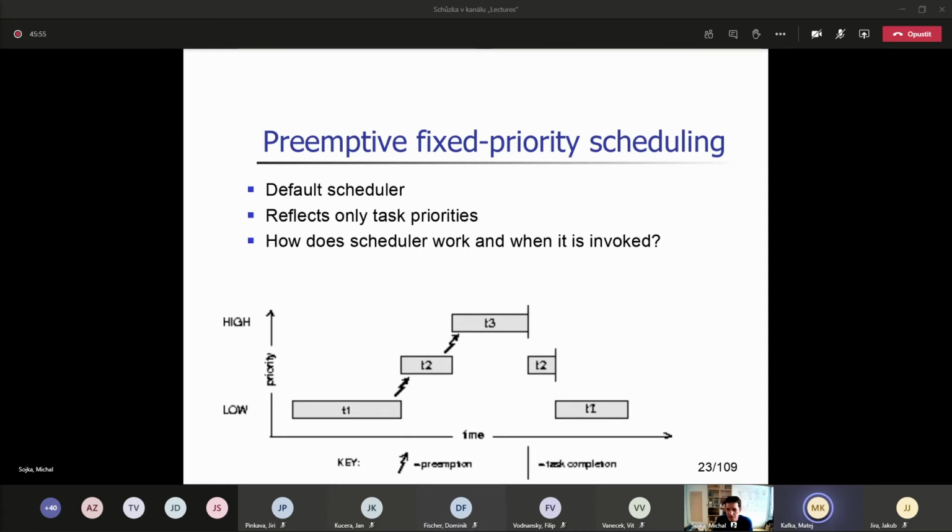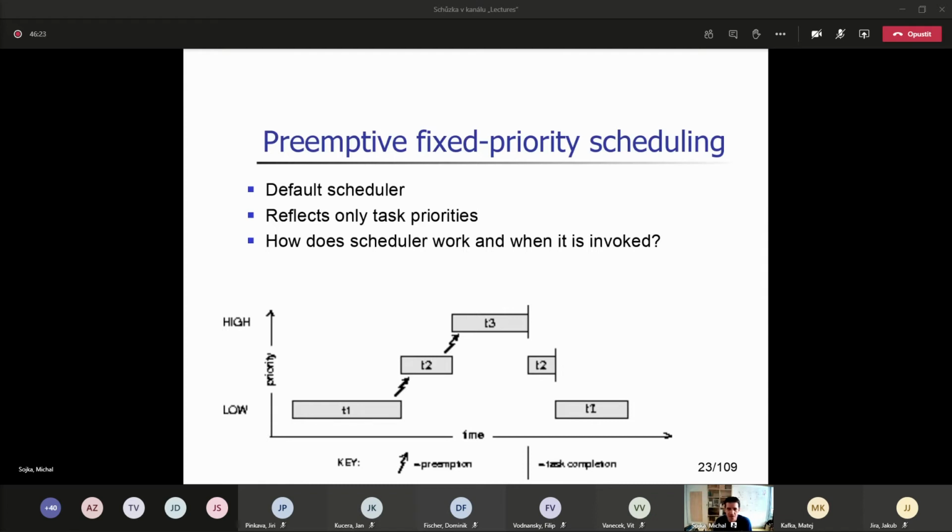Exactly. That's one case where the operating system scheduler is invoked: whenever there is an interrupt, like you said, timer interrupt, network interrupt, or keyboard interrupt, whatever. The operating system scheduler is invoked, and it selects the highest priority task, because it's often the case that the interrupt makes some task ready.